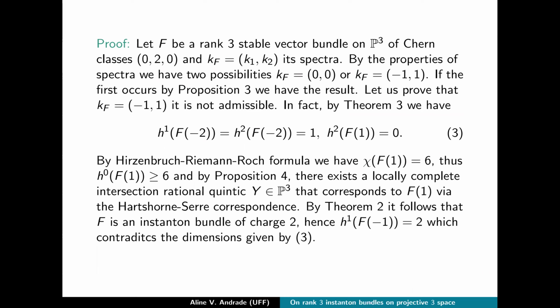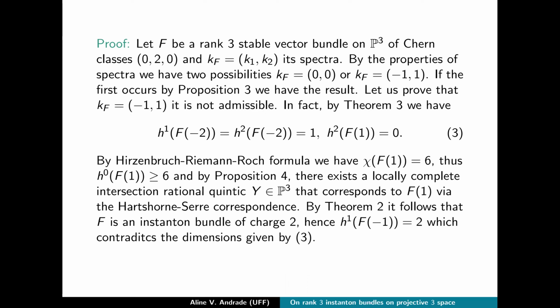So we have at least 6 global sections. And by proposition 4, there exists a locally complete intersection rational quintic Y. So this is the proposition where we can identify bundles with curves, and the degree and the genus of the curve are associated with the invariants of the bundle. So this is why we have a rational quintic, and that corresponds to our bundle.